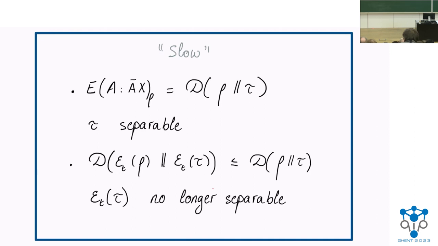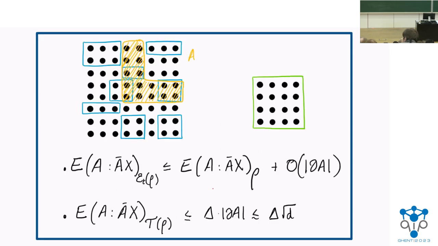So that's an issue. And the way we can correct for that is that since the circuit is local, the only place where entanglement might happen between A and the rest of the system is actually at the boundary of A, right? So if we apply that circuit to tau, tau might no longer be separable, but it almost is in some sense.